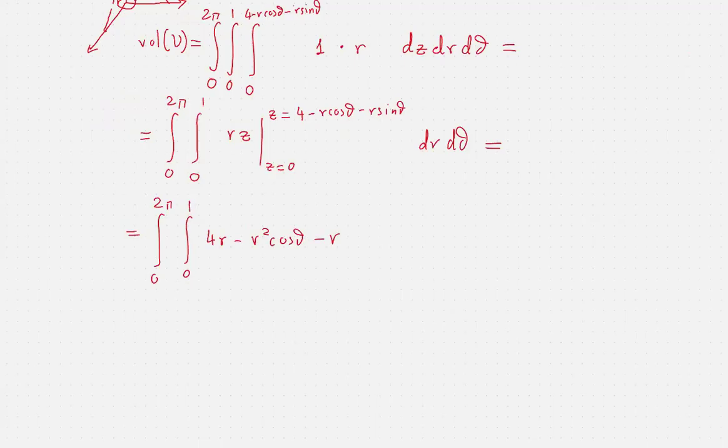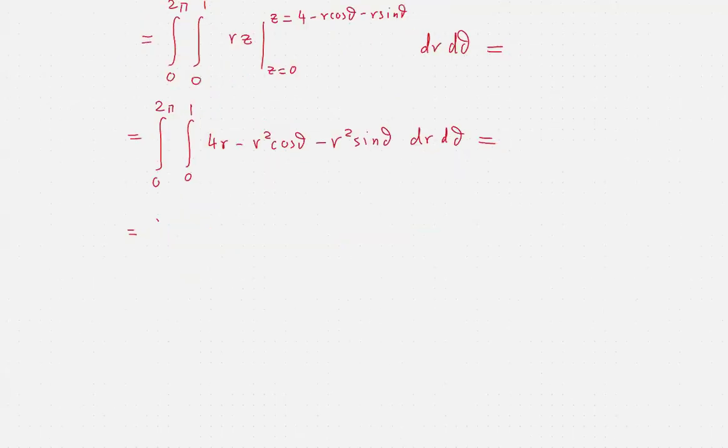dr d theta. Now we are going to integrate with respect to r. So this is going to give us 2r squared minus r cubed over 3 cosine theta minus r cubed over 3 sine theta.